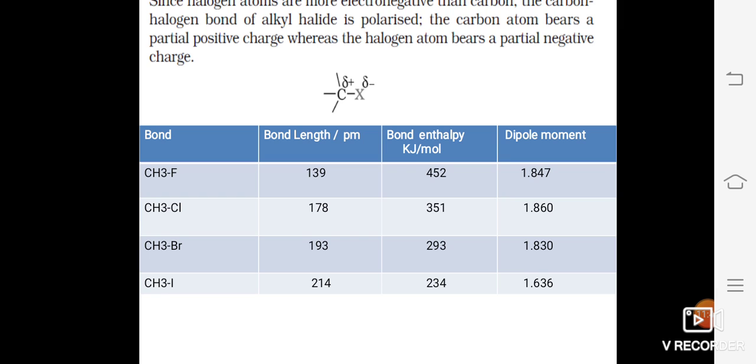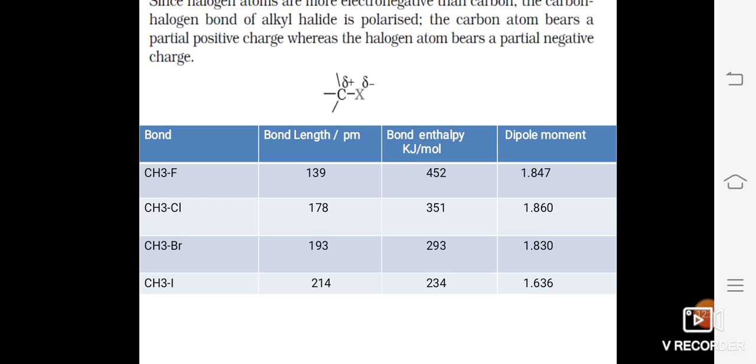Halogens have 7 electrons in their outermost shell, and one electron is shared from carbon, and therefore the electron from carbon slightly moves towards the more electronegative halogen. Thereby, carbon develops a partial positive charge, and this effect is known as the polarizing effect or polarization effect.